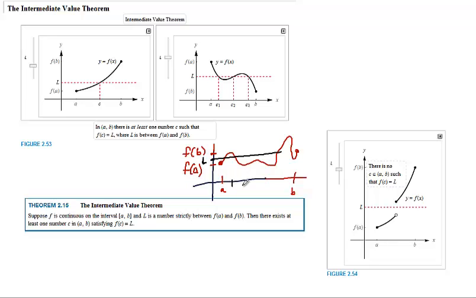There's going to exist some x where this happens. They call it C, it doesn't really matter what it is.